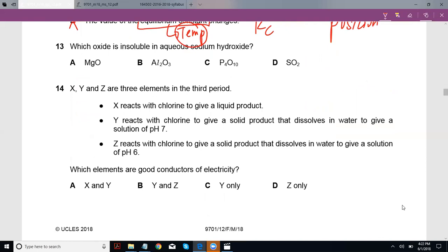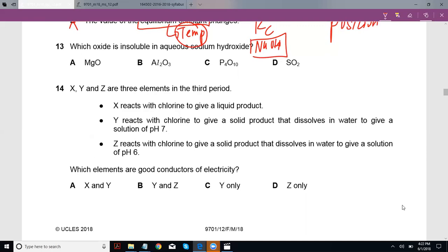So let's just proceed. Which oxide is insoluble in aqueous NaOH? Now, what you should know is that acidic oxides are soluble in alkaline substances, obviously, and alkaline substances are readily soluble in acidic substances because they react so easily that they can dissolve.